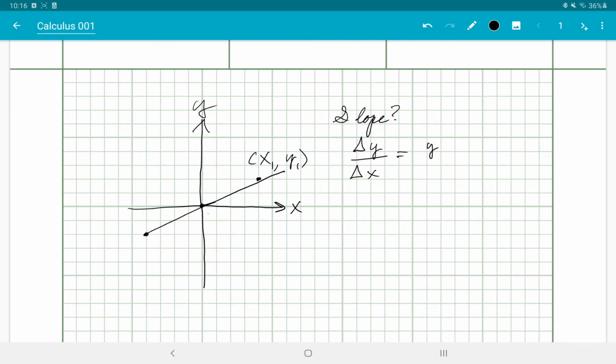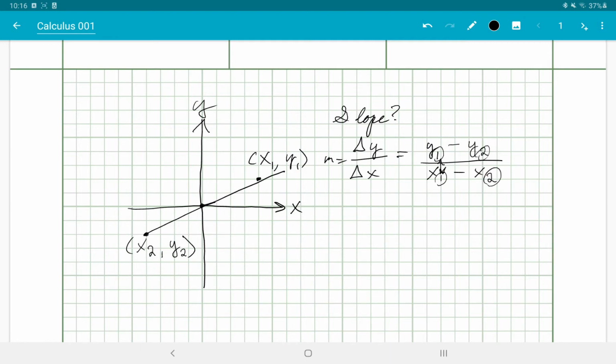Actually, we'll just use 0, 0 for x2, y2. So you take y1 minus y2, divide it by x1 minus x2. It doesn't matter which one you put first, as long as these numbers line up. If you do 1 minus 2, then you should do 1 minus 2 on the bottom. Real simple, right? This is basic stuff. This is your slope.